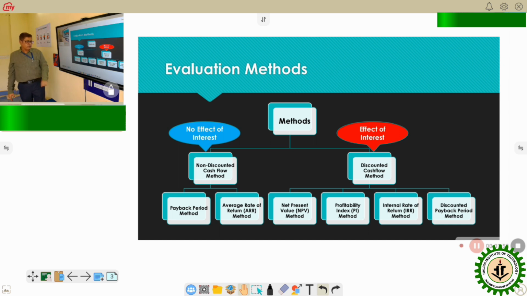And there is also the discounted payback period method, but for the time being we will discuss the payback period. That is, these two methods of non-discounted cash flow, payback period and ARR, and NPV, as well as internal rate of return.